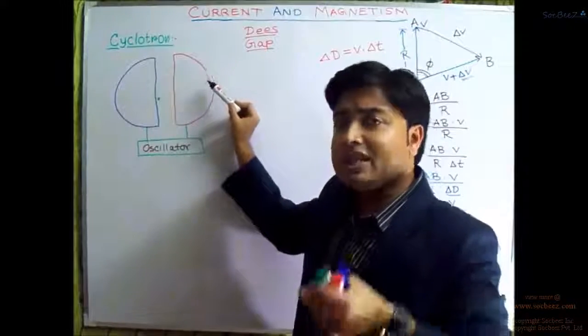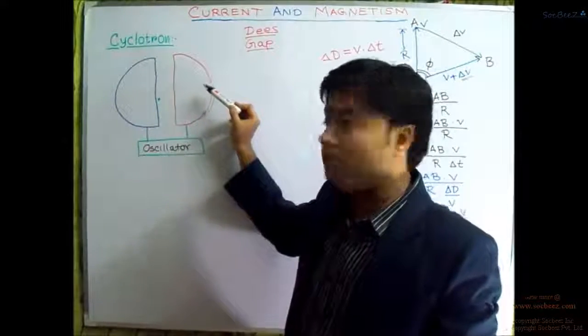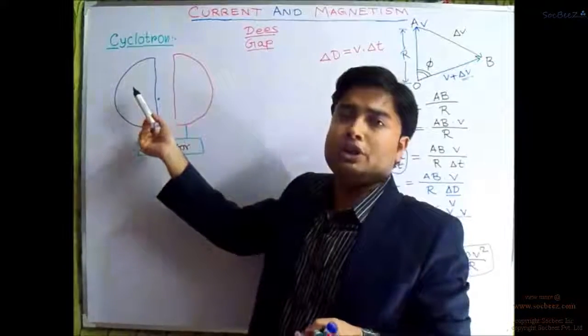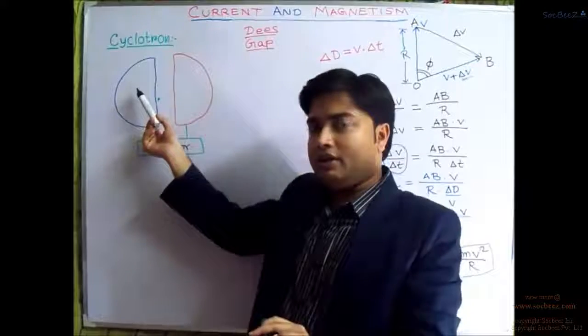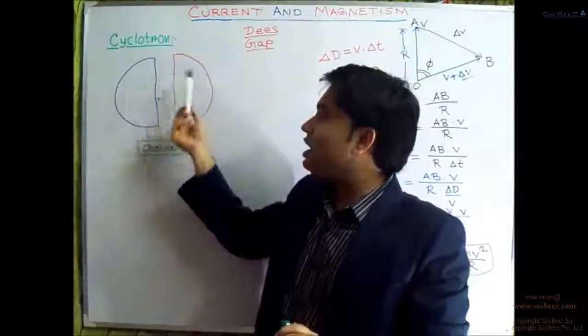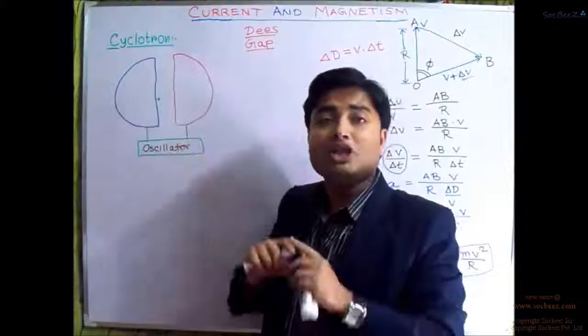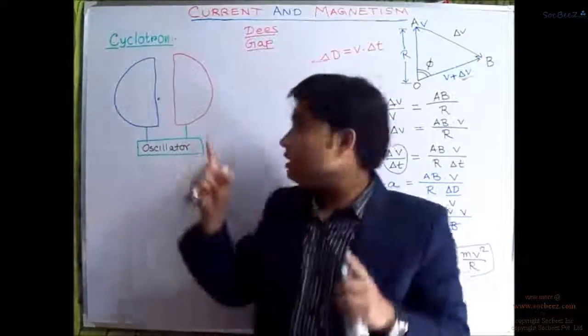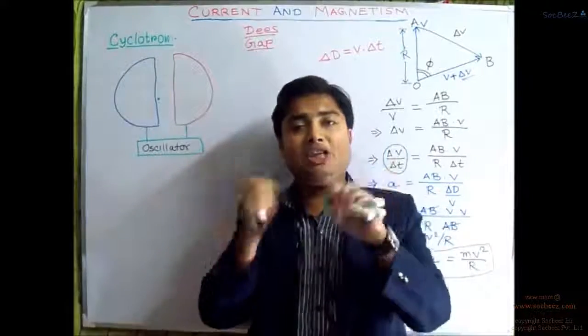But after say 2 seconds, we will observe that this has got negative charge now and this has got positive charge. After again 2 seconds, we will see that the charges on both of them have changed. So after a regular time interval, the charges on them are changing.